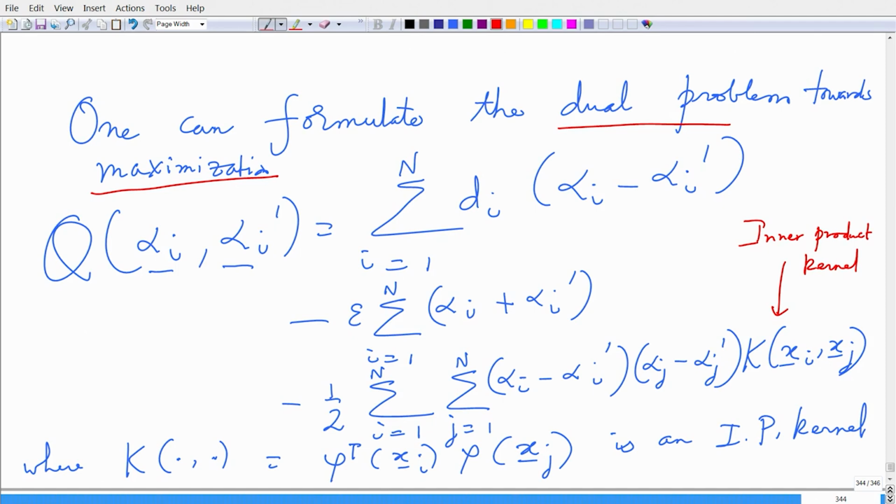This kernel is basically the inner product of two functions, phi of xi and phi of xj.